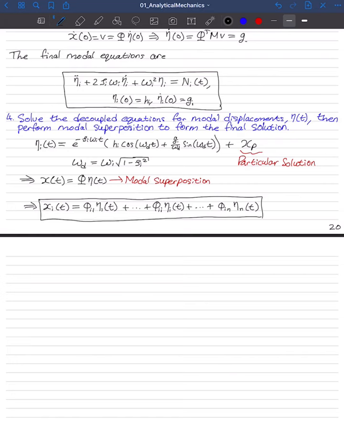There we go. And that then is the final answer. That gives us our modal superposition. Both of these are the modal superposition. And this concludes our discussion of the procedure of modal analysis.